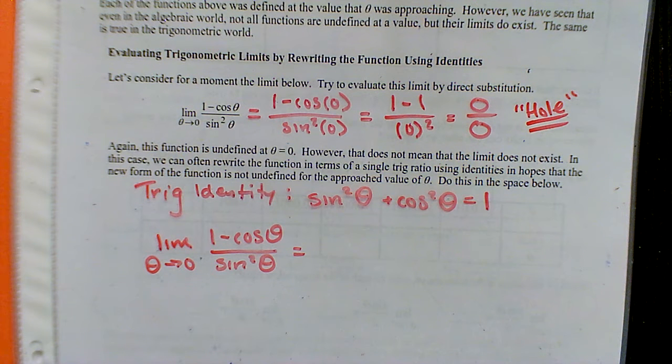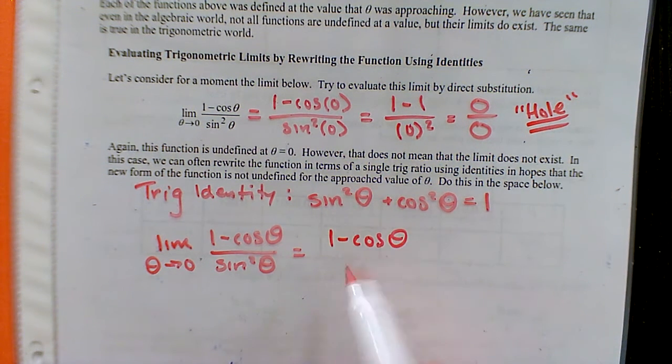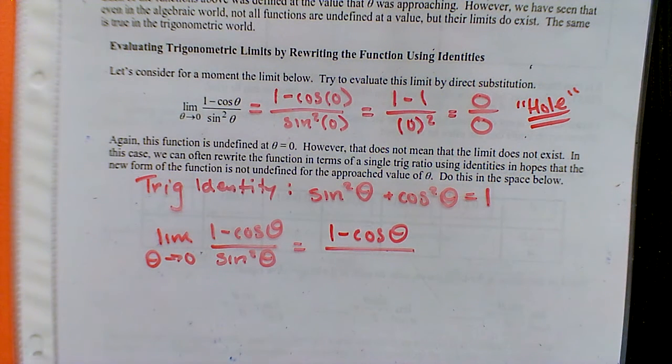Anything you can do? Probably not. Okay, so we'll keep that the same. What about the bottom? We have a sine squared. Yes, you could write it as sine times sine, because you technically have 2 of them, right? But maybe we'll use this identity to help us somehow.